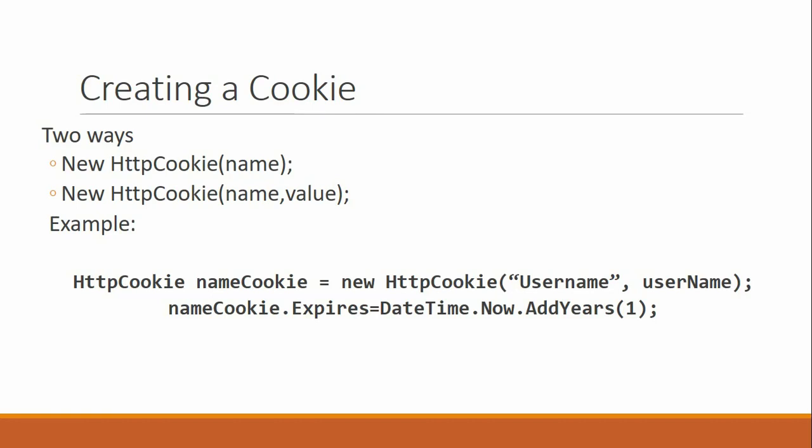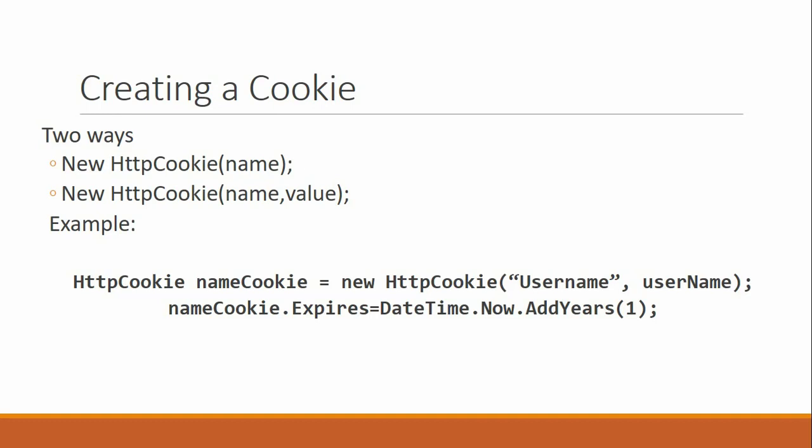Look at the code below: HttpCookie is the class name, the object name is nameCookie, equal to new HttpCookie. You pass two parameters to the constructor. Here, username is the name of your cookie, and the other one is the value of your cookie. Name is username, value is whatever you have entered.